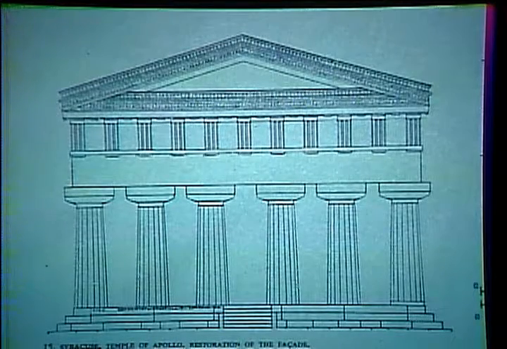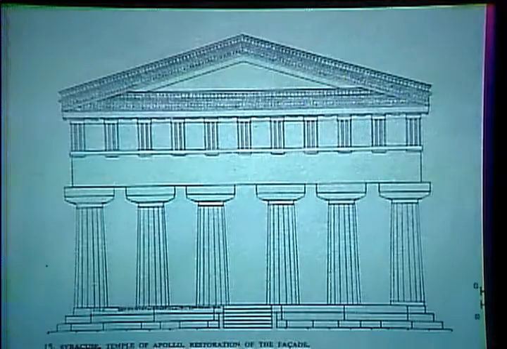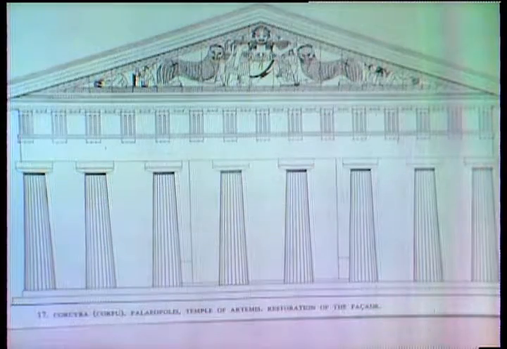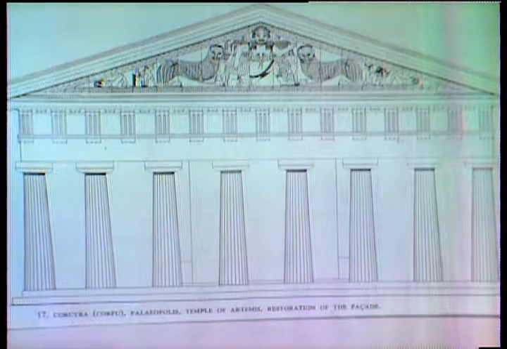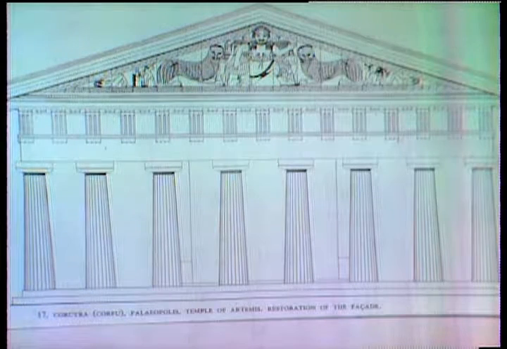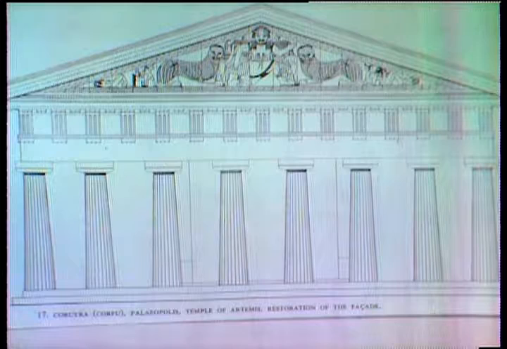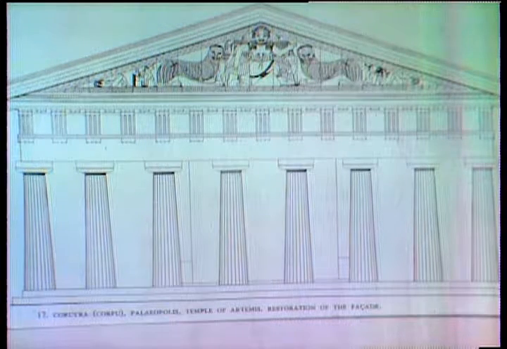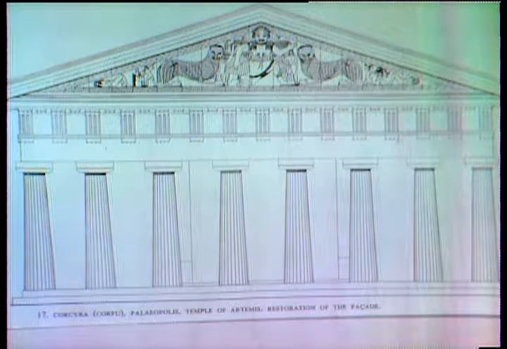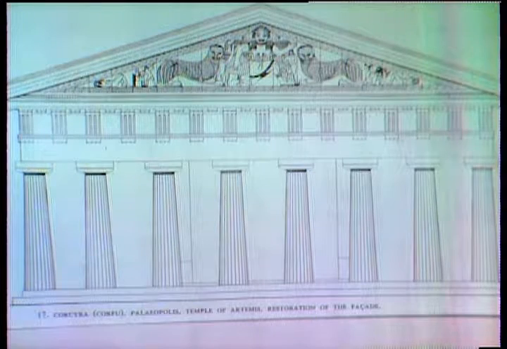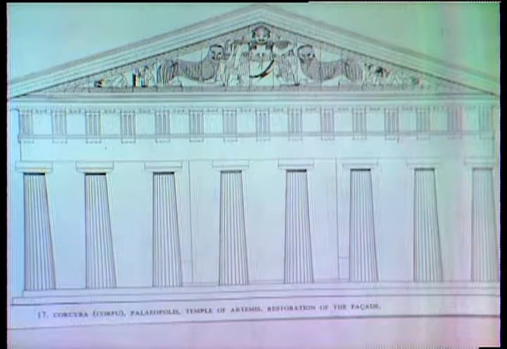We see this pushed to an even further point in our fourth example, the Temple of Artemis at Corfu. Here, perhaps more grace and with more decoration, more detail as we rise to the peak of the arch form.